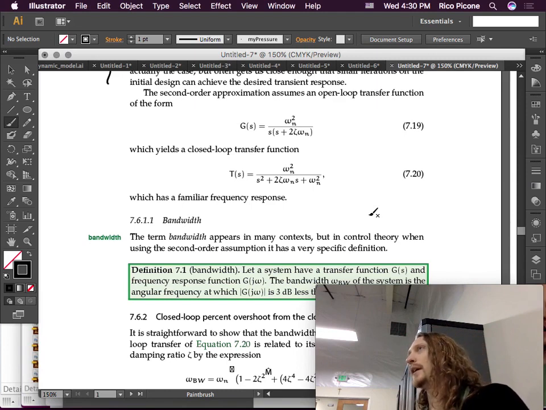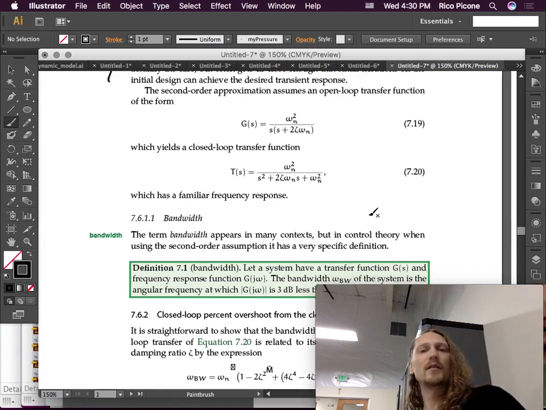We're going to use bandwidth as a parameter that is a bridge between the frequency response representation and the time domain representation. But it is generally just a useful concept. So we define it here.